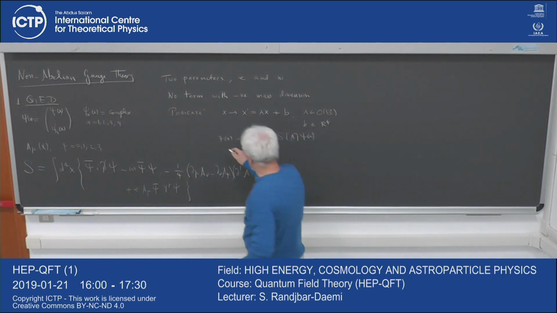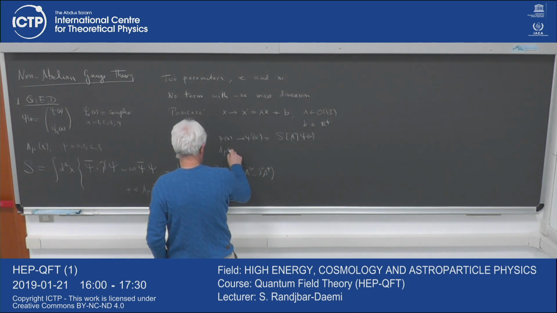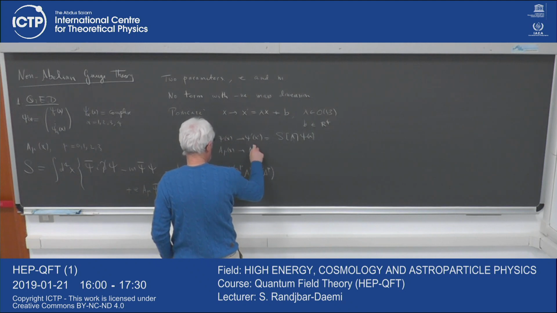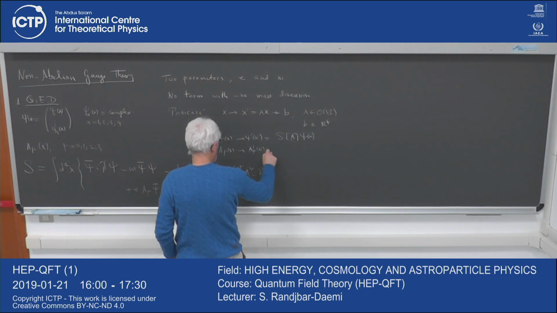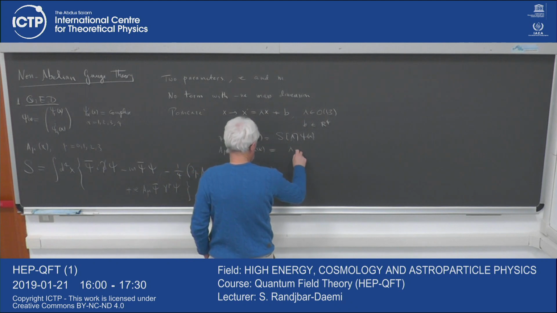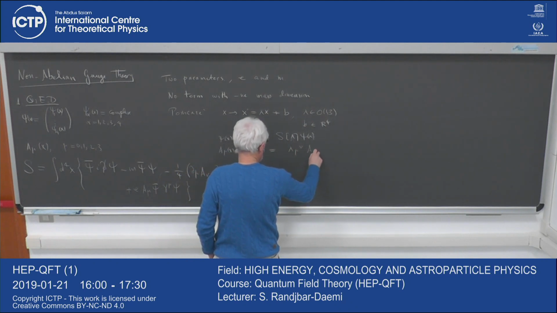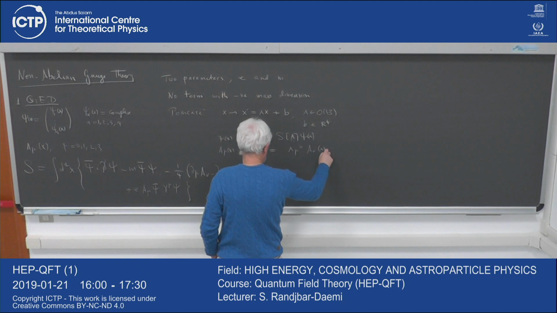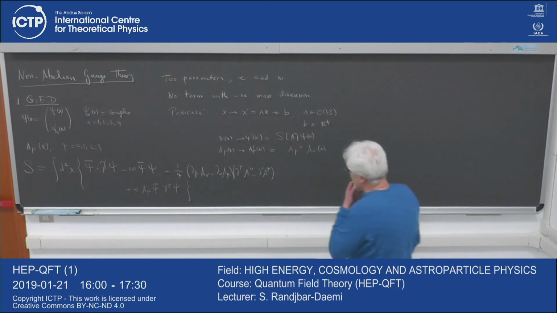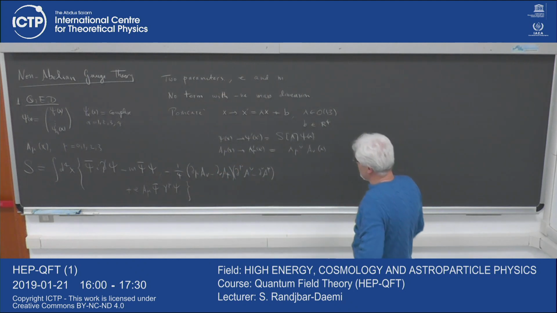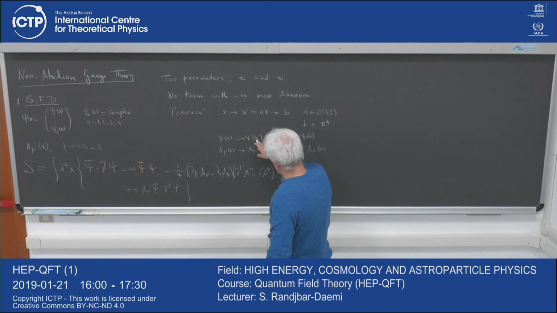And A mu of x goes to A prime mu of x prime, which is lambda mu nu A nu of x. You may have seen this in the first term, not in this form, but having x there. Okay?